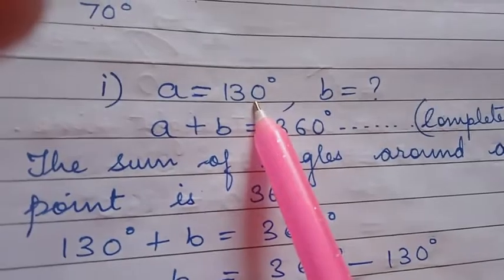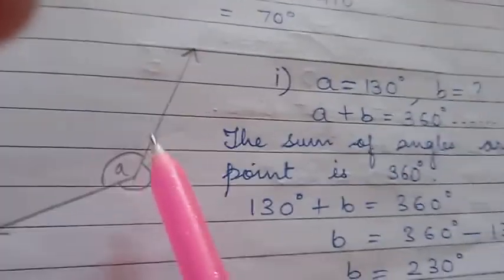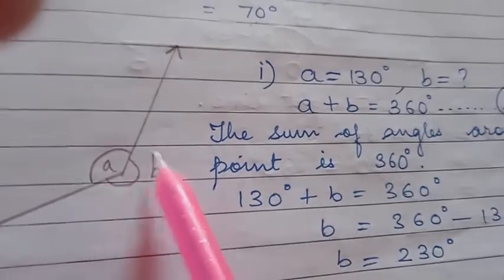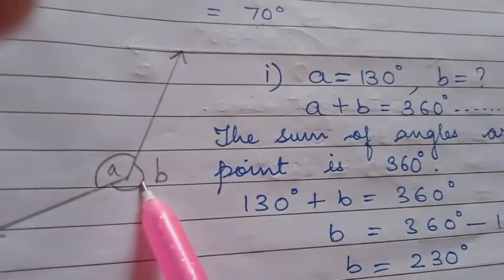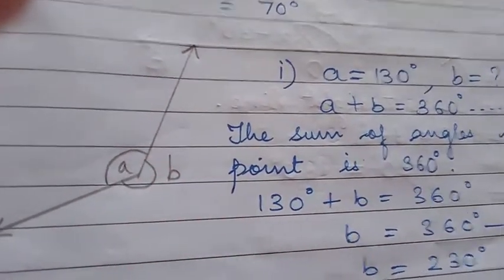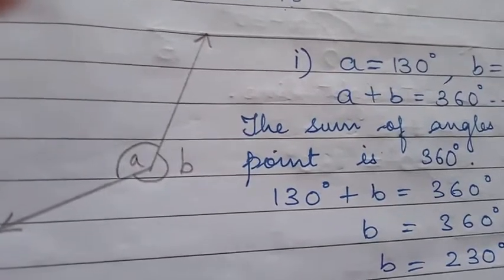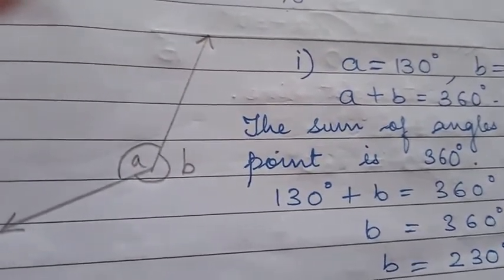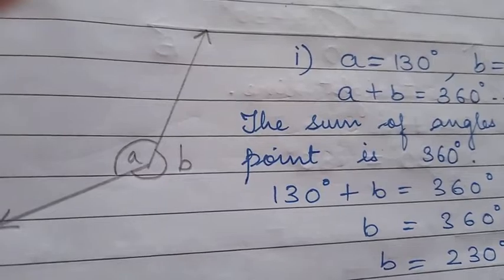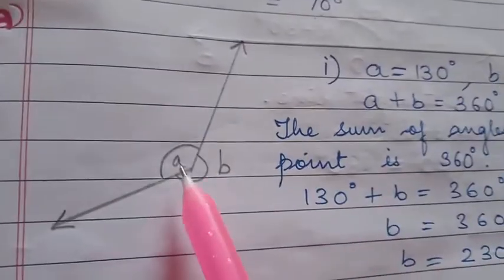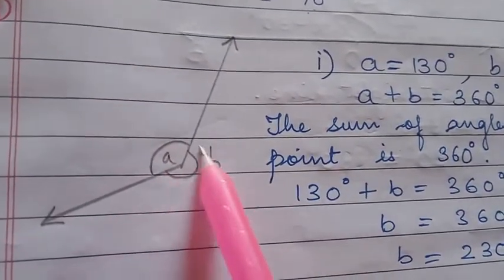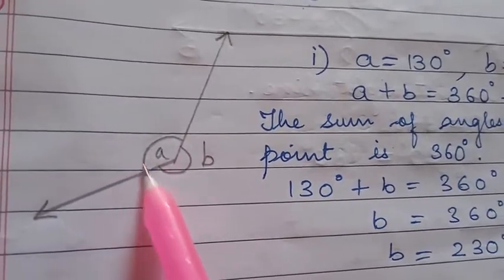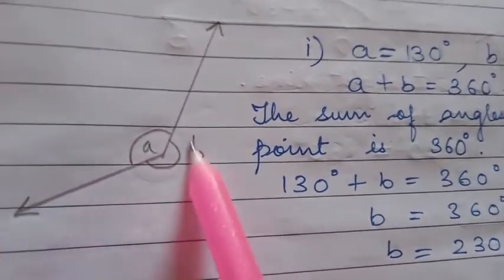So A is equal to 130 degree and B we have to find out. If you see the figure, you will understand that if we add this angle completely, it becomes a complete angle, that is 360 degree, right?